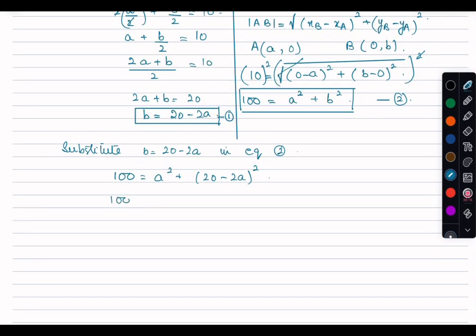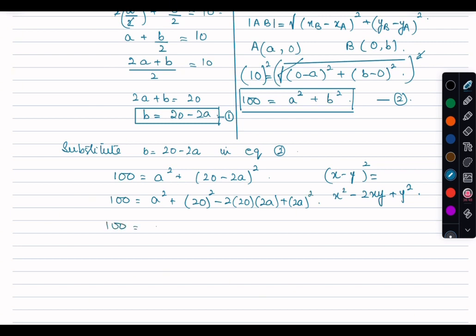So 100 will be equal to a square plus, now this is again just for the reminder, 20 minus 2a the whole square, following the identity x minus y the whole square, that is x square minus 2xy plus y square. So I am just going to write here 20 the whole square minus 2 times 20 times 2a plus 2a the whole square.